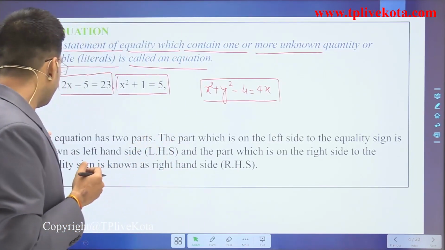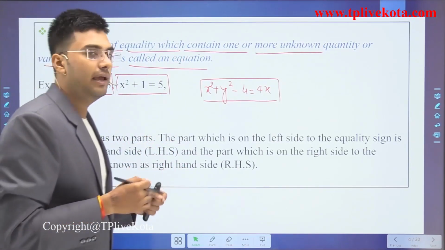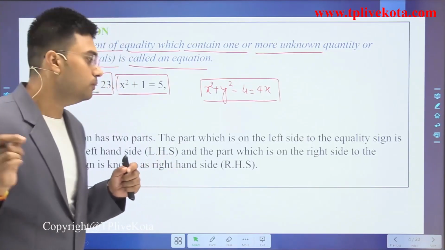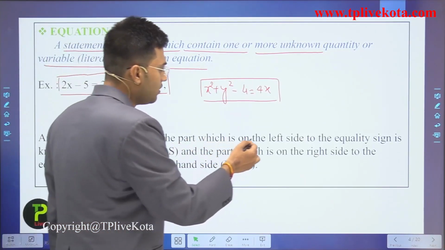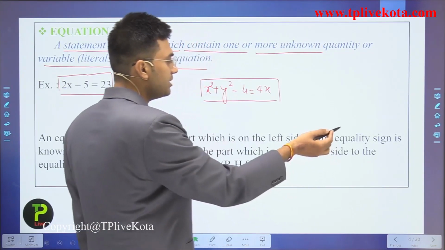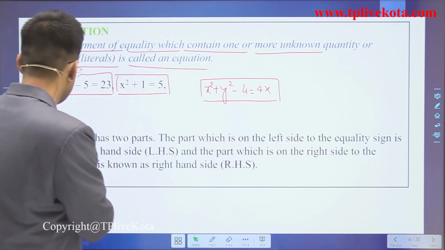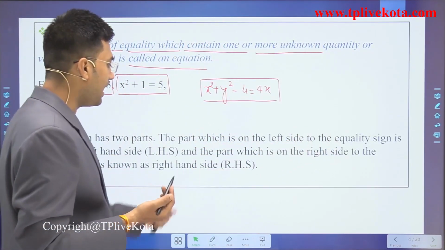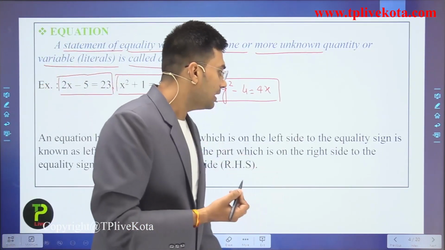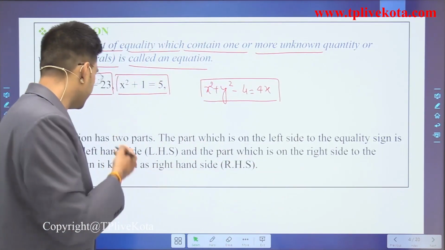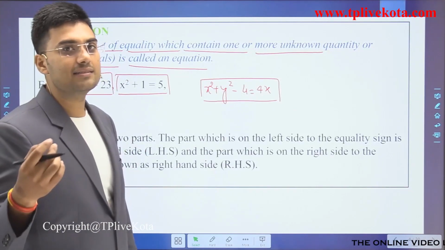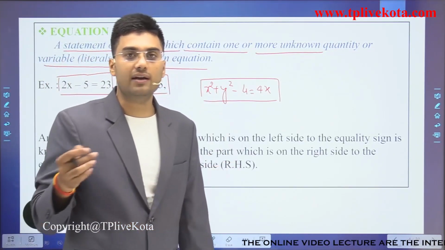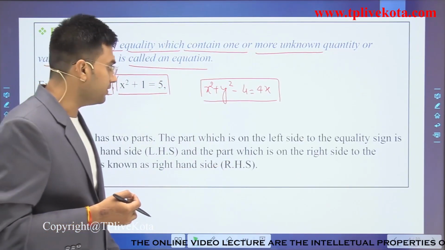Now, any equation has two parts. The part which is on the left side of the equality sign is known as the left hand side, and the part which is on the right side of the equality sign is known as the right hand side.